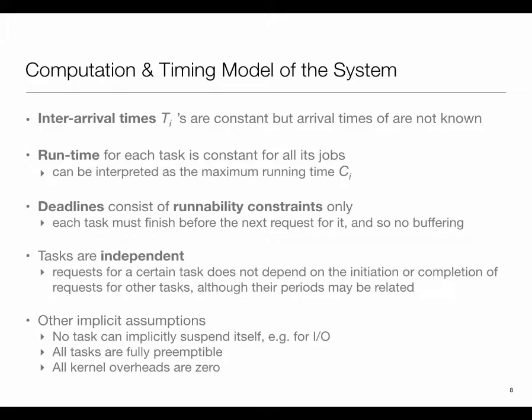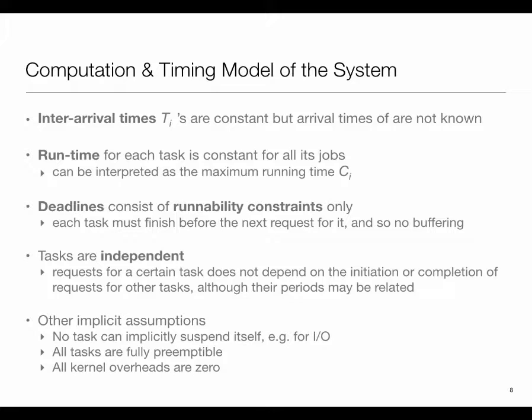There are other things we are assuming: all tasks are fully preemptible. That is, a task can be stopped anywhere and restarted again from that point, in a theoretical sense even in the middle of an instruction. Of course, even a perfectly preemptible system can only do things at the clock cycle boundary. We'll also assume all OS overheads are 0.